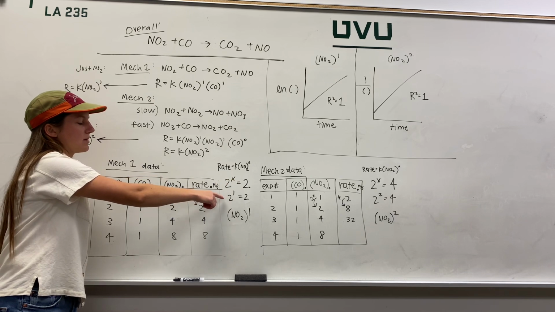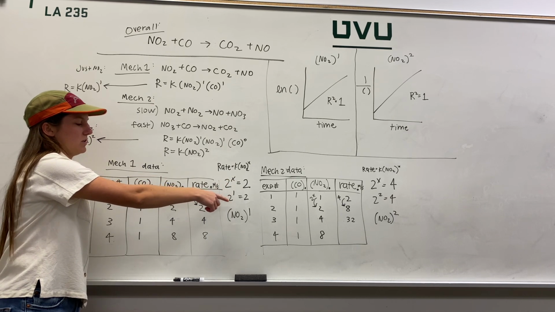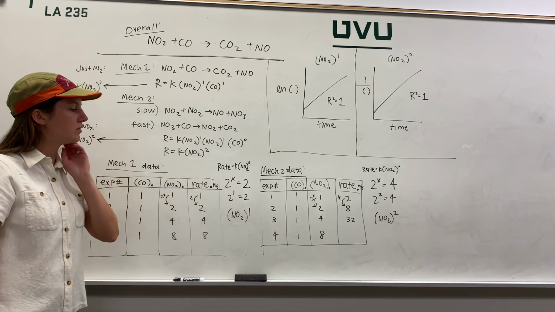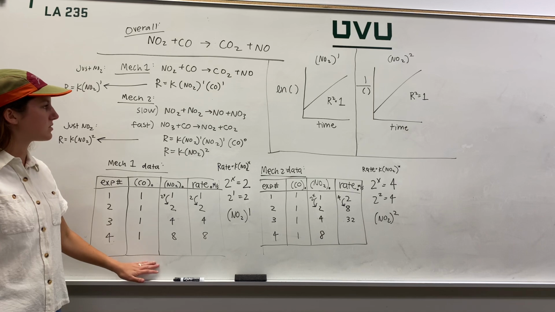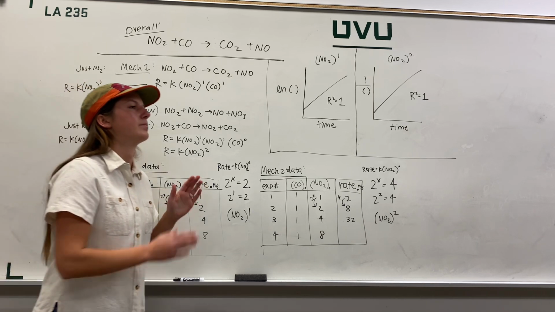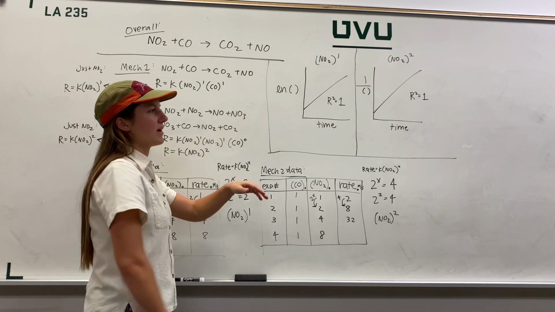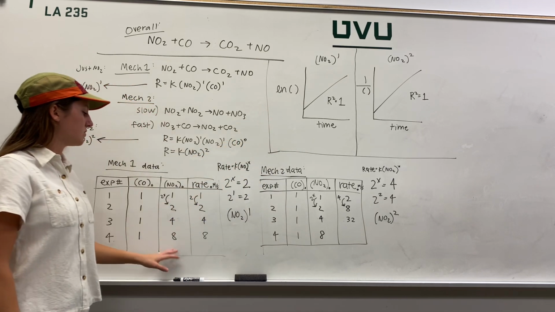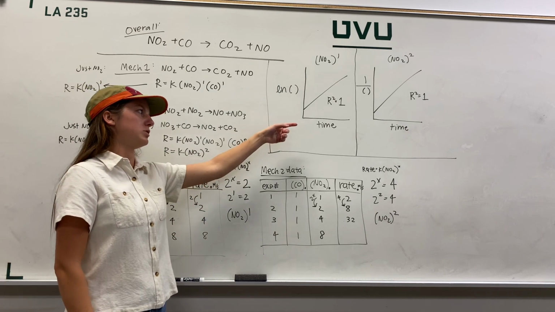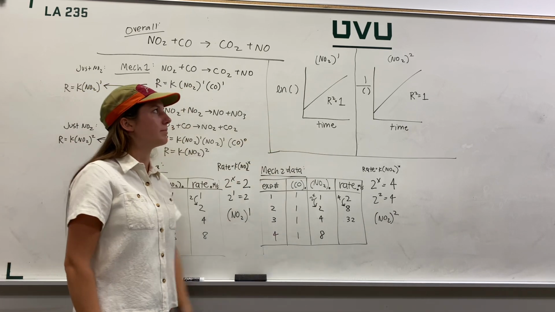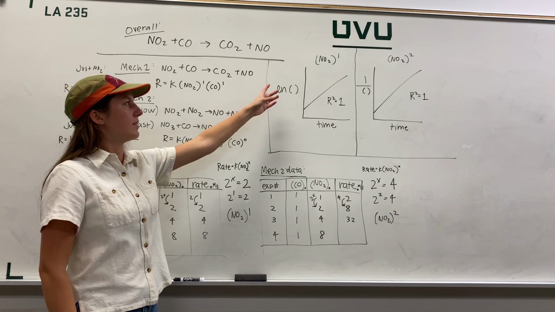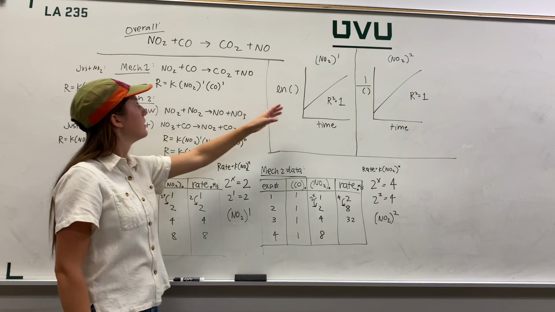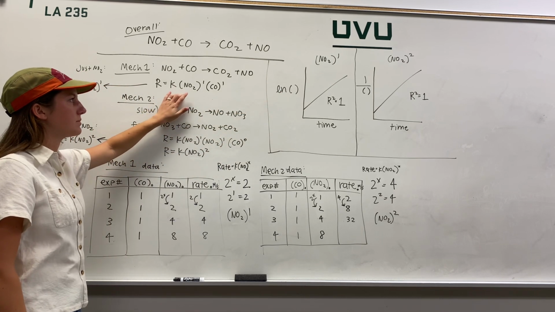Well, we know that 2 to the first power is 2. So that would mean that nitrogen dioxide is to the first order, which would mean that if we graphed this, we would get a linear line with an R-squared value of 1 if we took the natural log of the concentrations versus the time, for experiments 1, 2, 3, 4. And that would tell us that nitrogen dioxide is first order, which is what was proposed here.